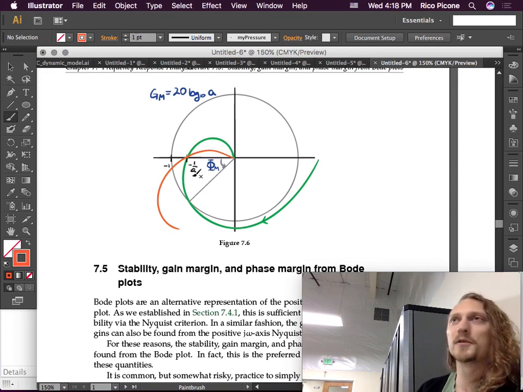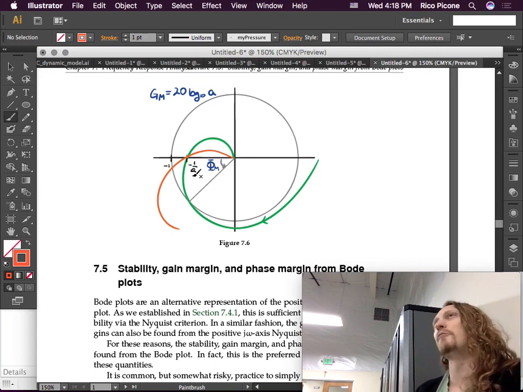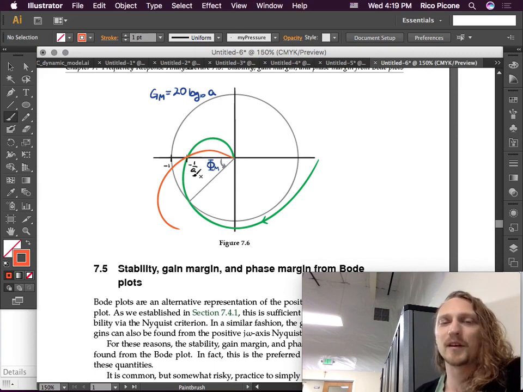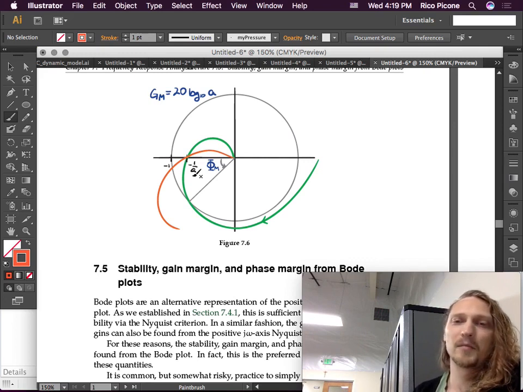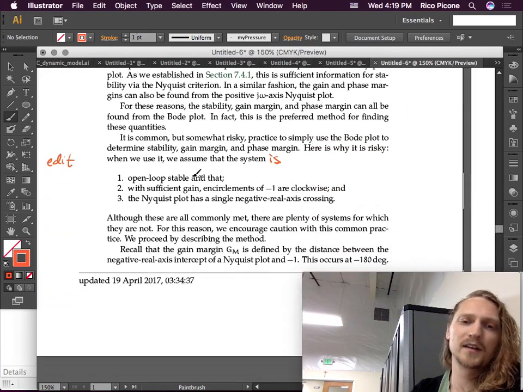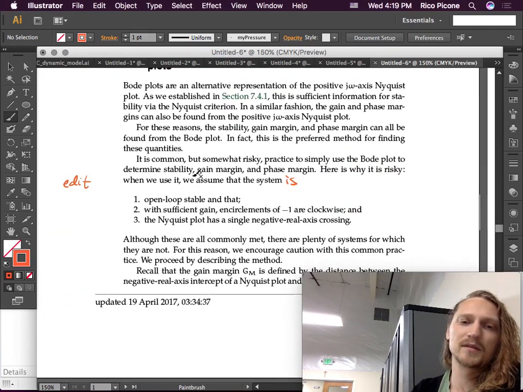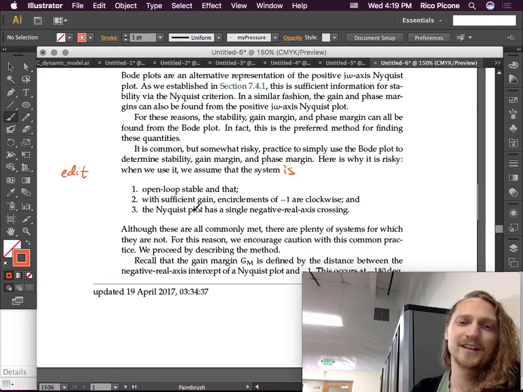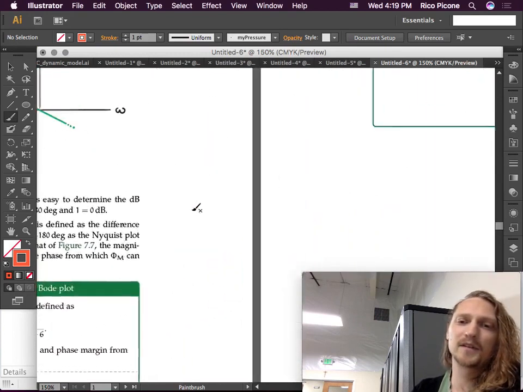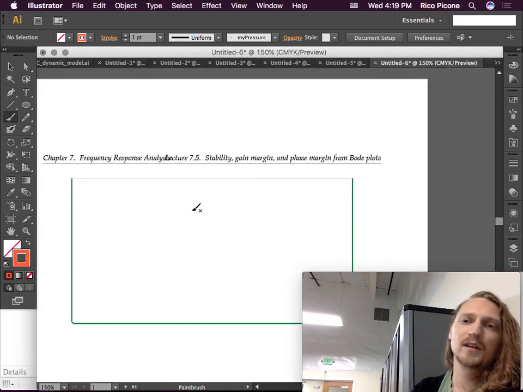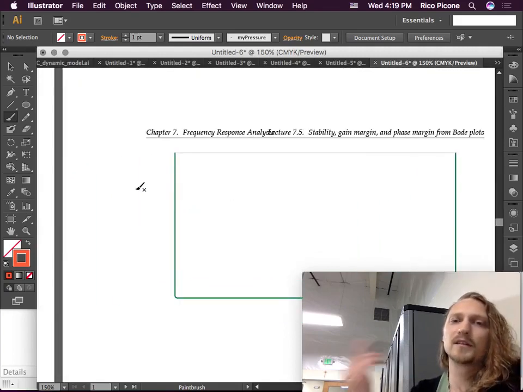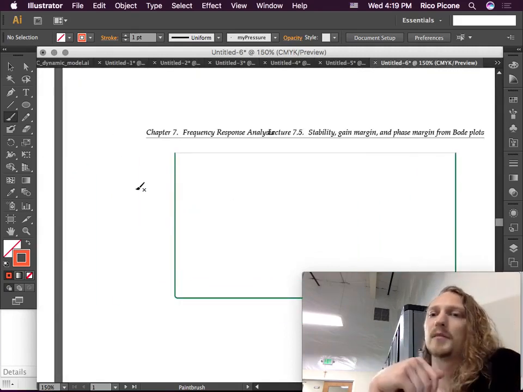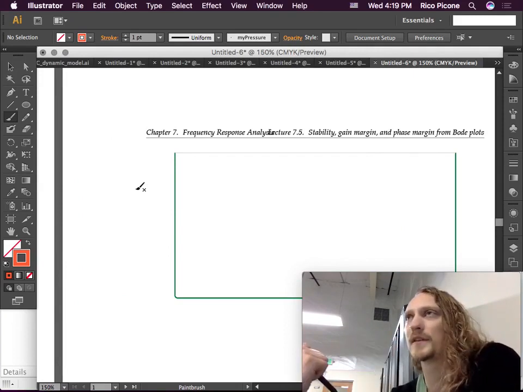But they approach differently, so the characteristics of their responses are a little bit different. And we'll talk about how to interpret them in the next lecture. So I think it's the next lecture. Maybe it's this one. Now I'm forgetting. Oh yeah, no, it's the next one because we finished this one. Good. So in the last lecture, we'll talk more about the gain and phase margin in terms of the time response of the system.